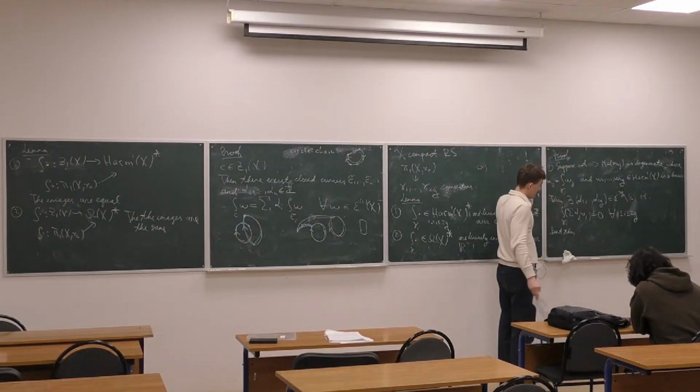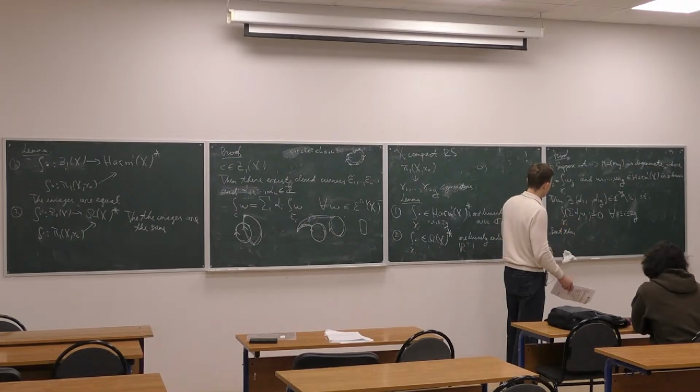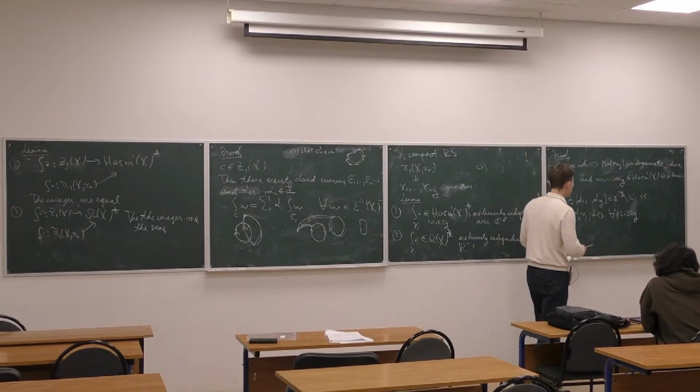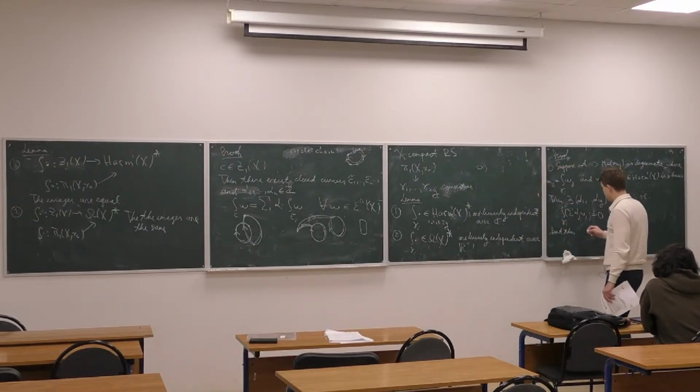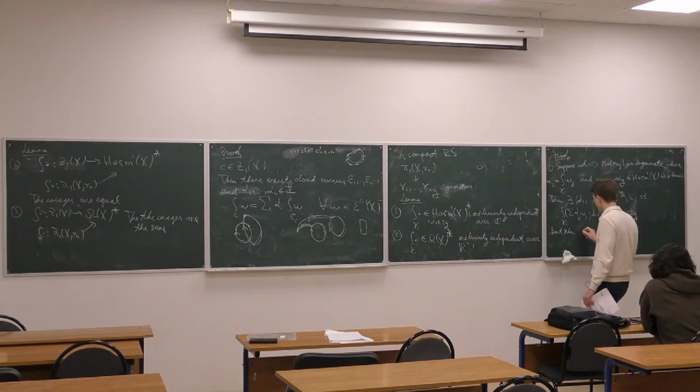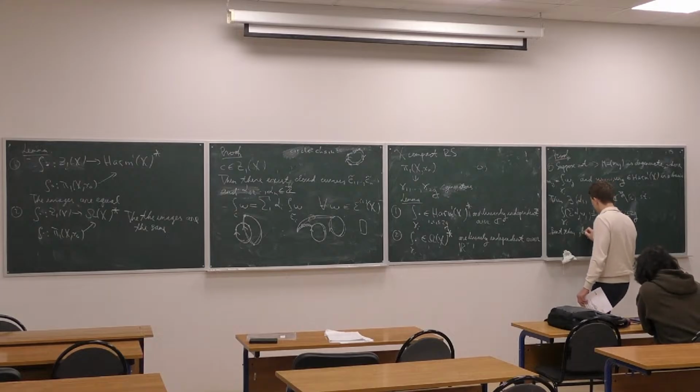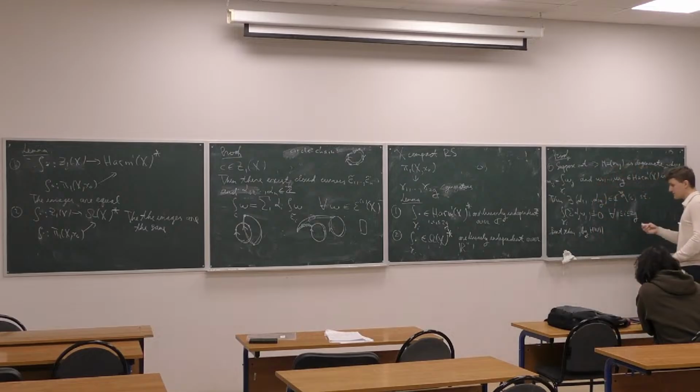But then, you see, it means that any period of this form is zero. But then this means that this form is exact. By the homework, there was a problem saying that if all the periods are zero, then the form is exact.